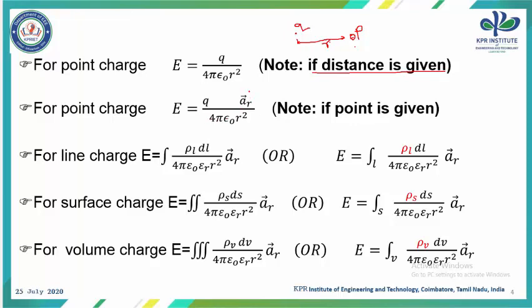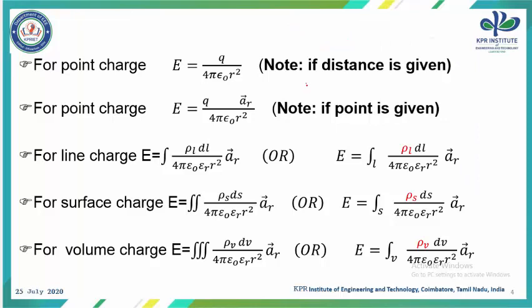Here, just look at this formula and this formula, the only difference is AR. How to identify which formula to choose? If charge Q is given and you want to find out the electric field intensity at a point P, and the distance between P and Q is R, in this case you can go for this formula.